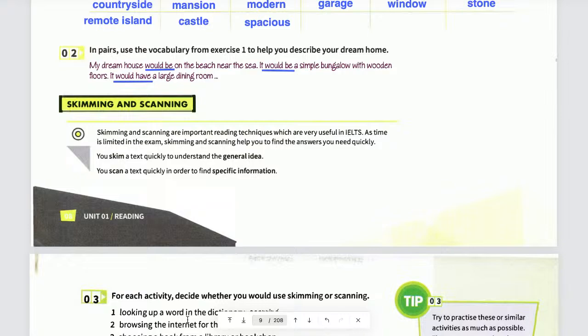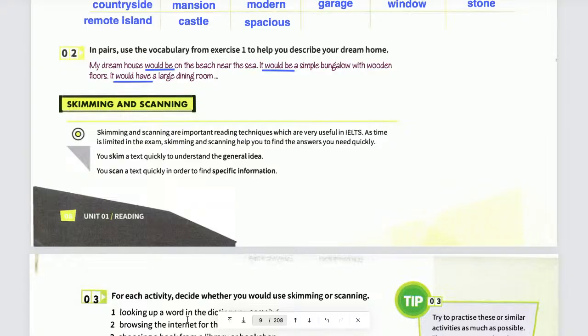So here you just need to distinguish between skimming and scanning. So skimming is for what? Thư. What's the difference? Because if we translate it into Vietnamese, we see that it has very similar meanings, right? But they distinguish very clearly between skimming and scanning.